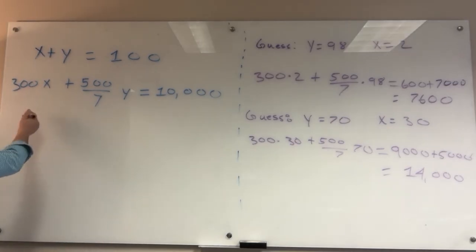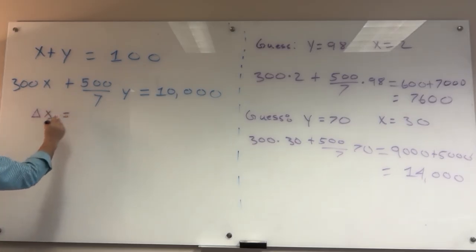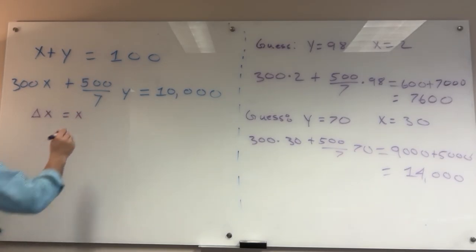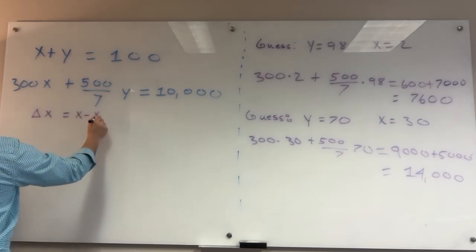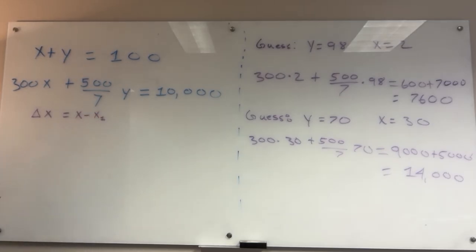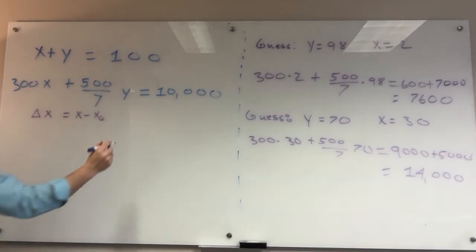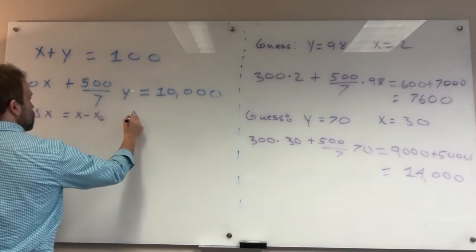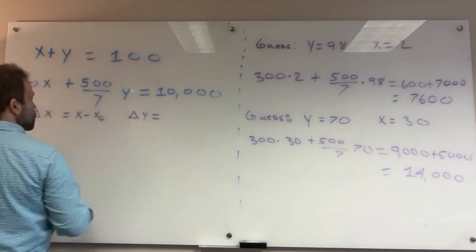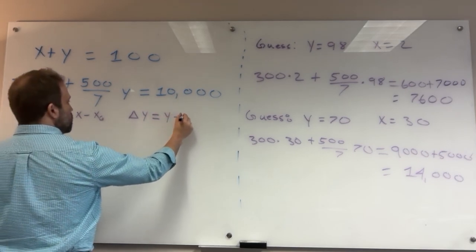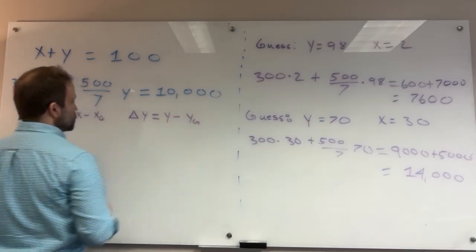Let's say that delta x is going to be equal to the actual value of x, which is unknown, minus x sub g for the guess. And then delta y is going to be equal to y, the actual value of y, which is unknown, minus y sub g.